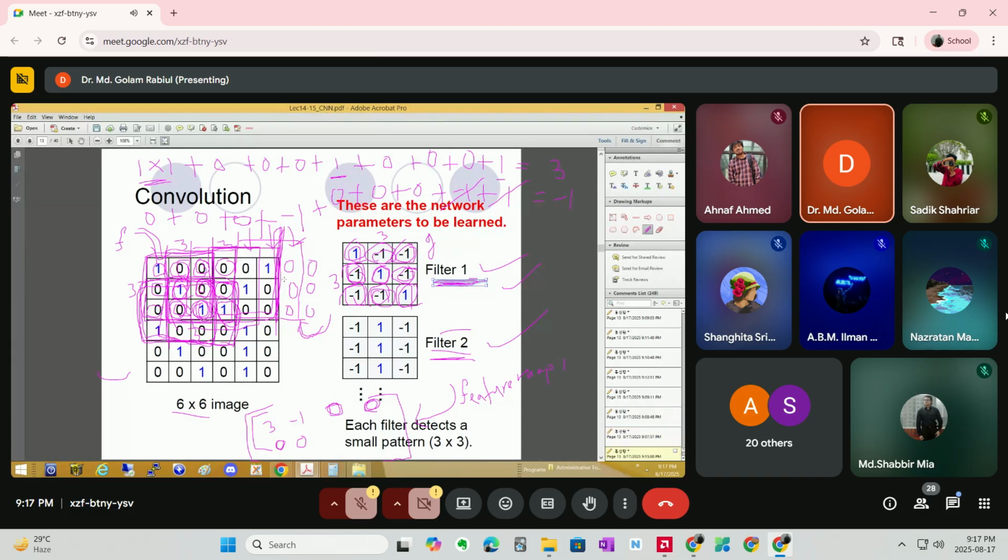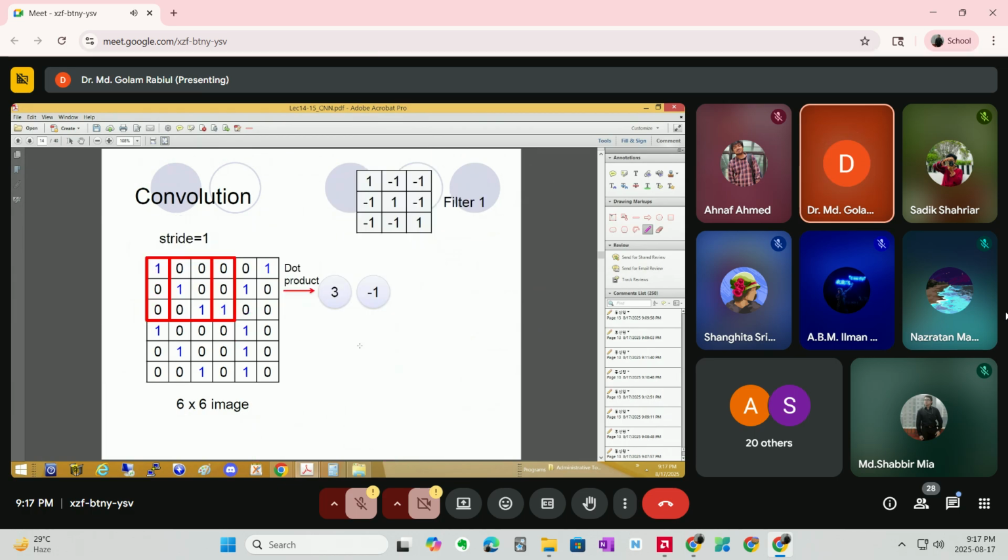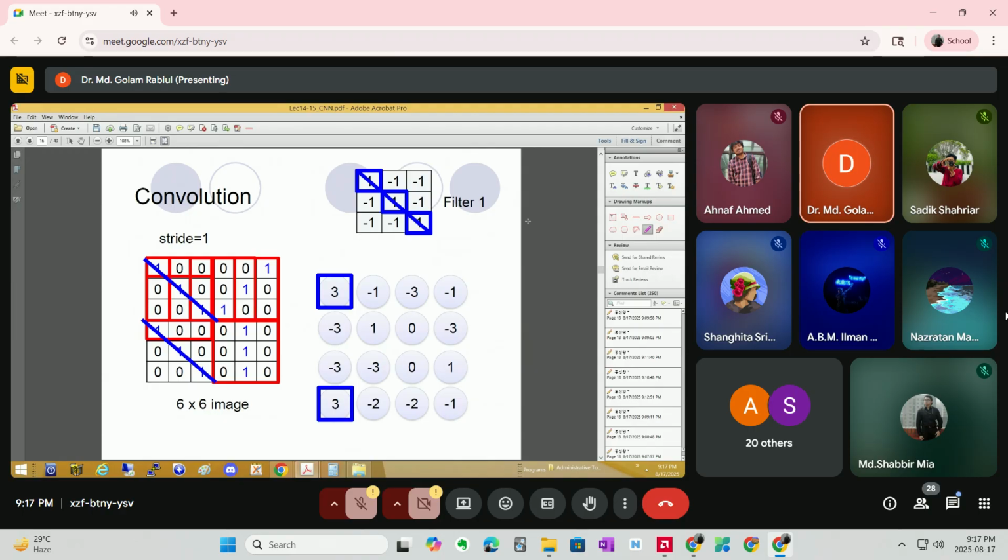In this way, we will get another feature map, that is feature map 2 for filter 2. If we consider, say, 25 filters, then we will get 25 feature maps.